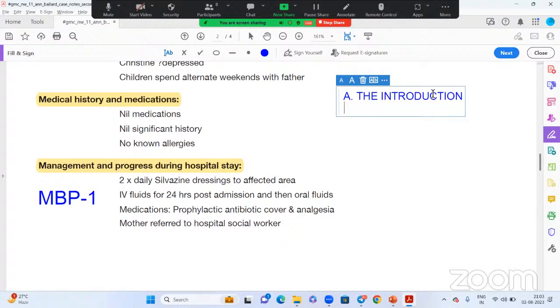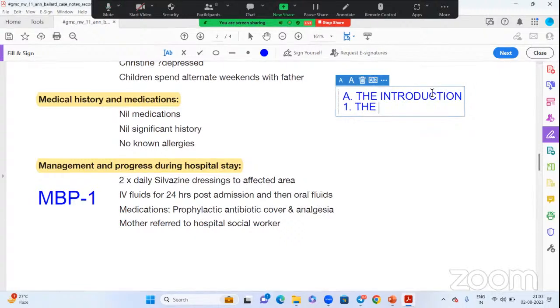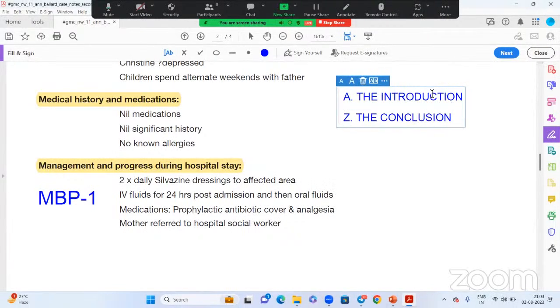Next one, main body paragraph 1. What will you write in main body paragraph 1? This is the hospitalization stage. So A is the introduction and Z is the conclusion.